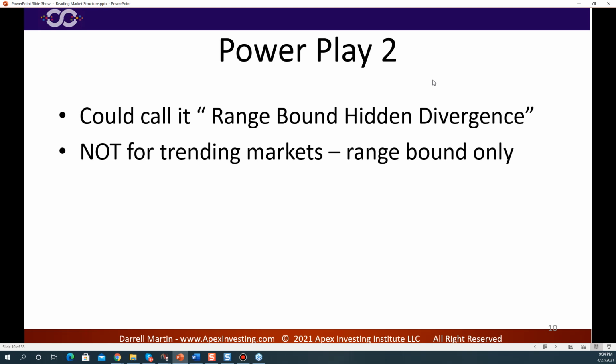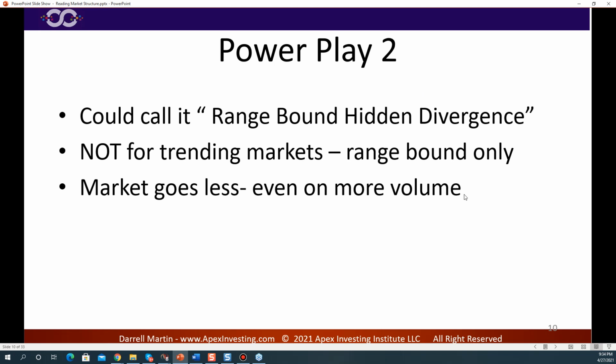Once again, this is not for trending markets. It's for range bound only. If you try to say the word power play 1 or 2 in the elite room in a trending market, you're going to get your head bit off. Okay? Ask questions, but keep in mind, range bound only.